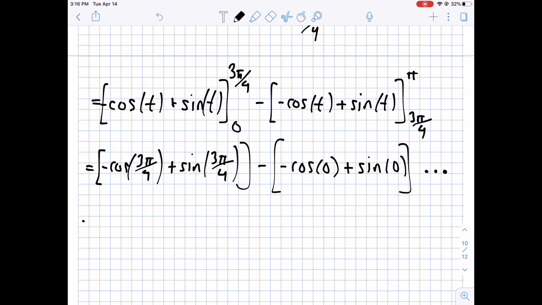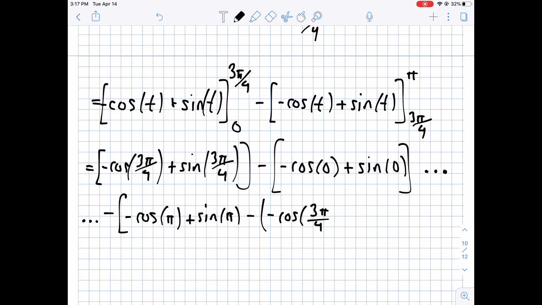So we have now minus, and we have minus cos of pi. So we're plugging this pi into our function to finish off there with FTC2. So that's minus cos of pi plus sine of pi, minus what we get when we plug in our 3 pi over 4. So that's going to be minus cos of 3 pi over 4 plus sine of 3 pi over 4.